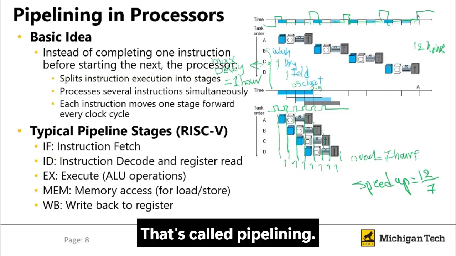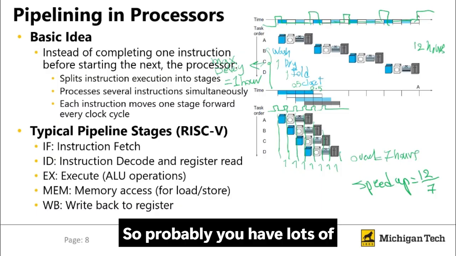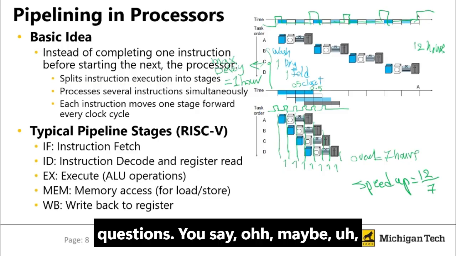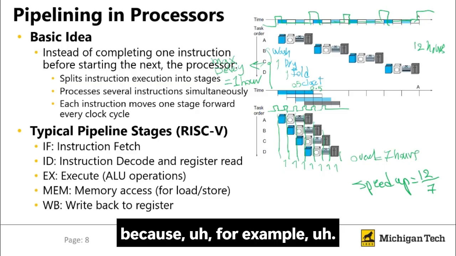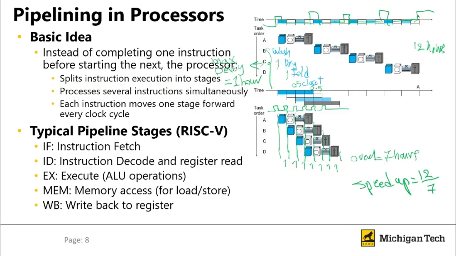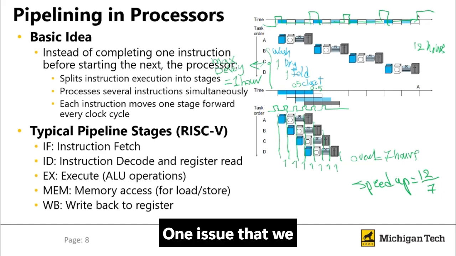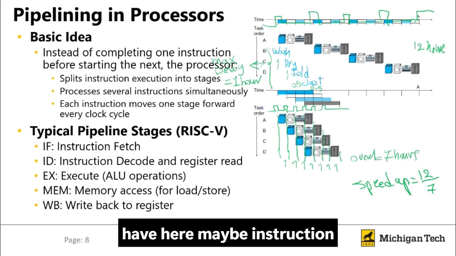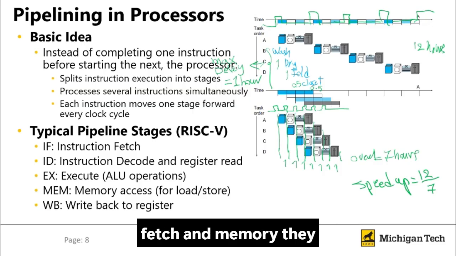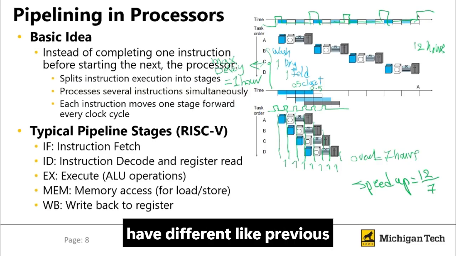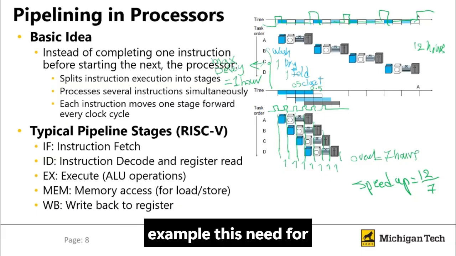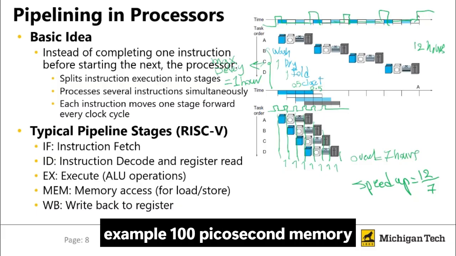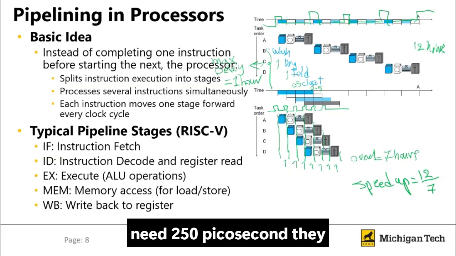That's called pipelining. So probably you have lots of questions. You may say, one issue that we have here is that instruction fetch and memory have different timings. Like in the previous example, this needs, for example, 100 picoseconds, and memory needs 250 picoseconds.